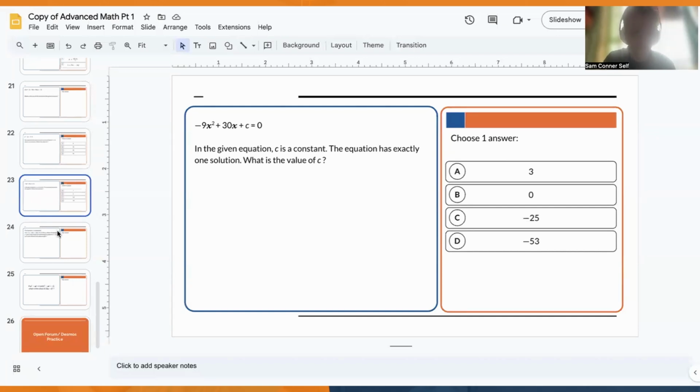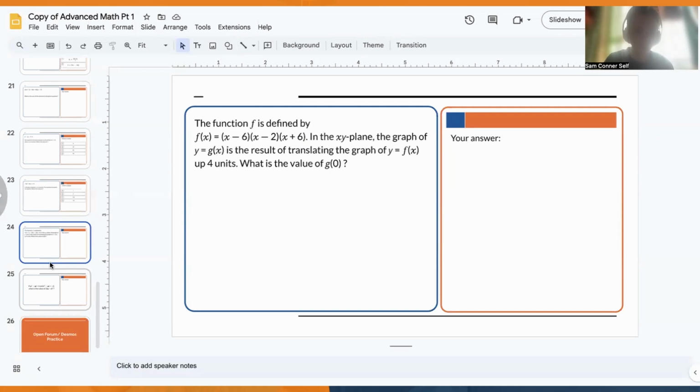All right, keeping it going. Just have a couple more questions to cover. This one says the function f is defined by f of x equals x minus 6 times x minus 2 times x plus 6. In the xy plane, the graph of y equals g of x is the result of translating the graph of y equals f of x up 4 units.